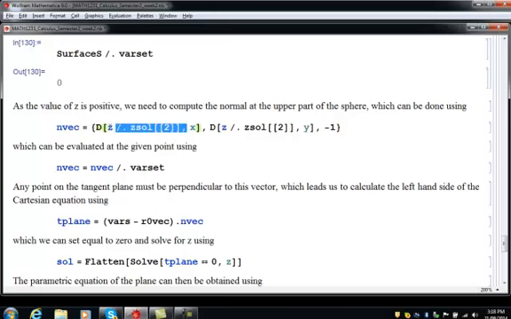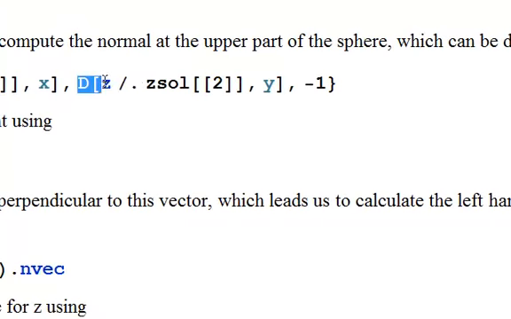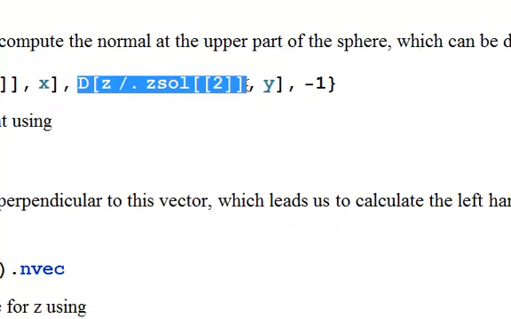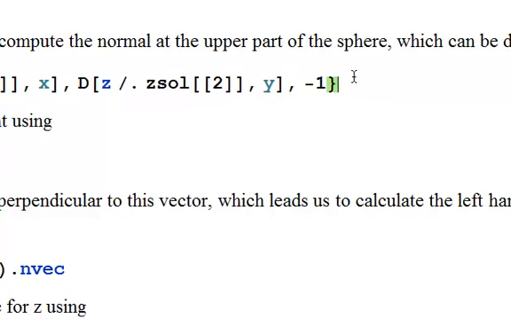So we take z and differentiate it partially with respect to x, and then the second component of the normal is the same thing, where we differentiate the expression for z, the positive expression, with respect to y, and then the third, according to the book anyway, is -1.